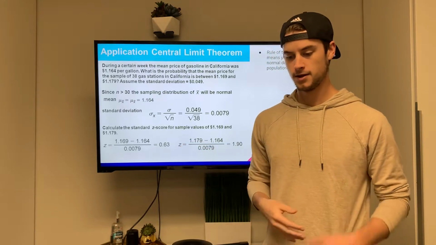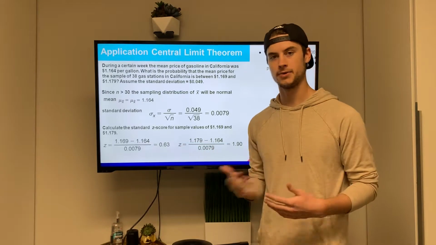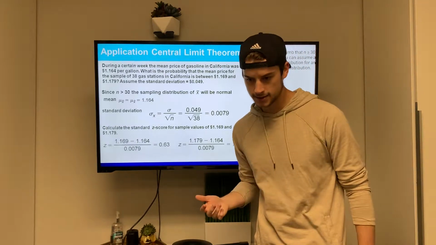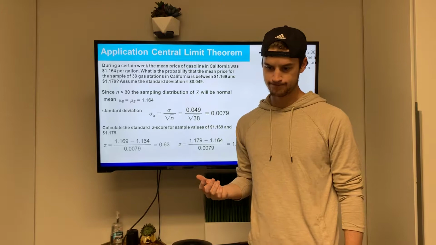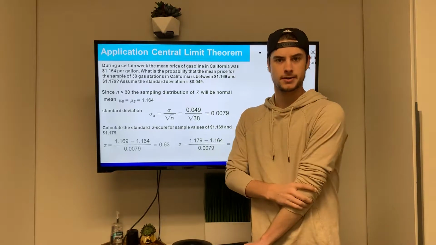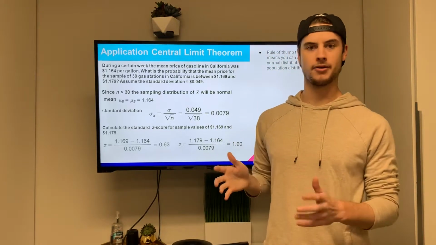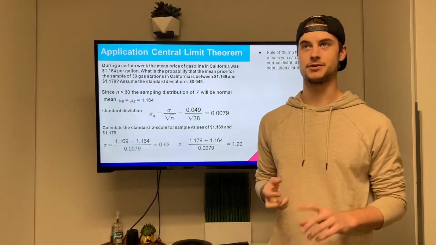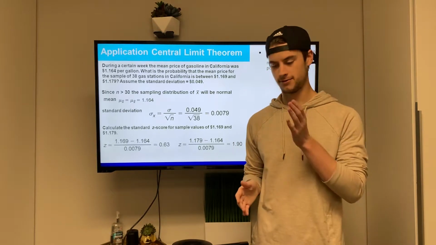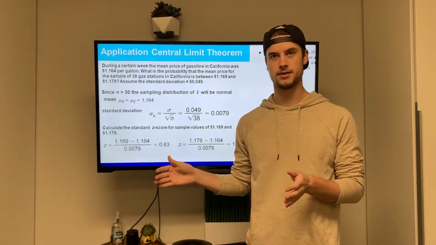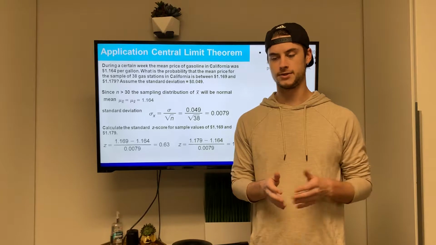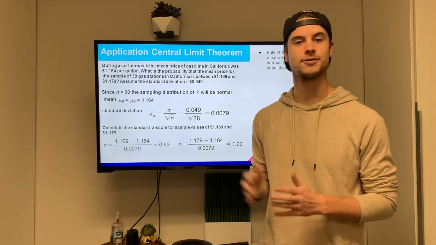And again, since these are normal, we can go back to our appendices C-1, C-2. In this case, it looks like it's a middle area, right? And I think we talked about this in the last chapter. If it's a middle area, it'd be easier just to use appendix C-1, I believe, because it's everything from 0 to the z value, right?